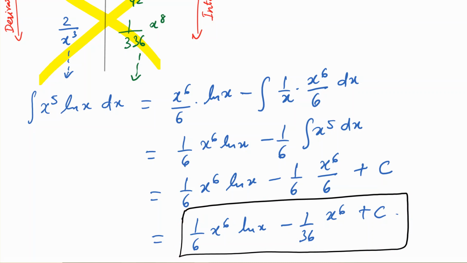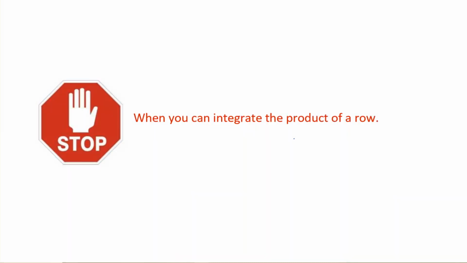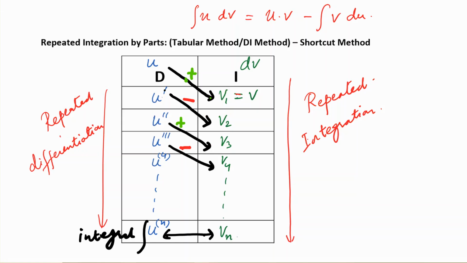Thus from this example we learned that while using the table method, we need to stop when we can integrate the product of a row. To summarize again, for the tabular method or DI method for integration by parts, we set up two columns. One is for the u term, the other is for the dv term, and we do the differentiation of the first column, integrals of the second column, and then we add or subtract the terms diagonally, and we take the integral of the product of the last row.